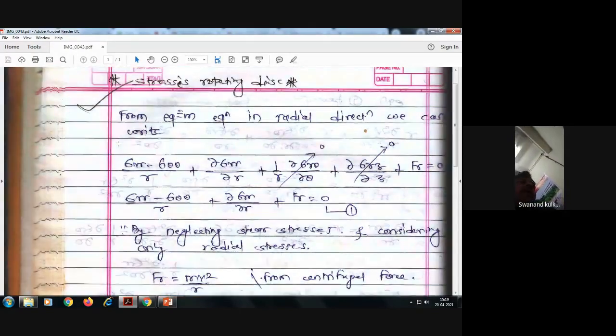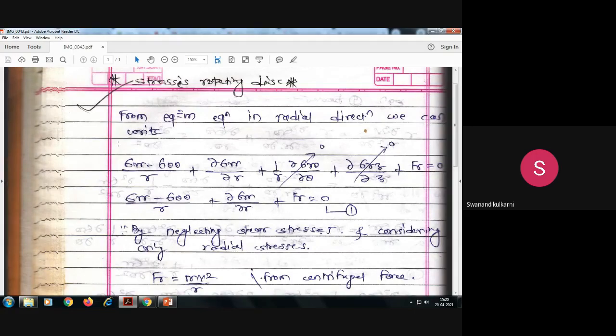In the Cartesian coordinate system we are considering x direction, y direction and z direction, but in this polar coordinate system we are using r, theta and z. So r is the radial direction, theta is the angular direction and z is the vertical direction. Is it okay?